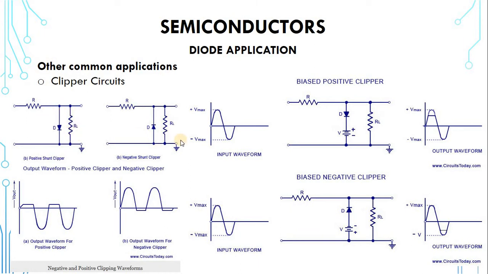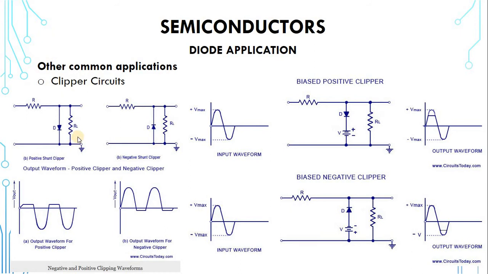But the moment the voltage goes beyond 0.7, this diode begins to conduct, and then it serves as a short circuit, because the forward resistance of a diode is very small, it's negligible. It becomes like a short circuit. It's just like a wire.